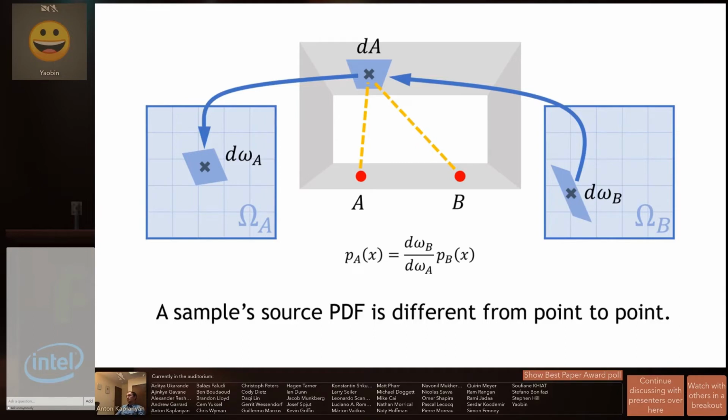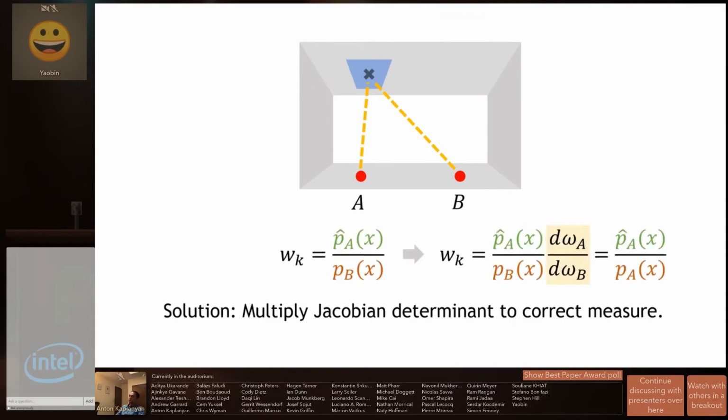However, when we use BRDF sampling, a sample's PDF depends on the pixel that generates it. Ignoring this difference, we produce biased results. The solution is simple, that is, to modify the weight by multiplying the Jacobian determinant, and then we can correct the measure.